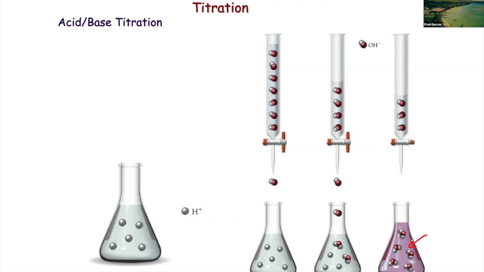Now, if you add more base, the solution becomes more dominant in hydroxide, and the solution will now have a pH greater than 7, telling you that the solution is now becoming more basic. So that's what happens during a titration problem. Let's see a movie illustrating this real quick.